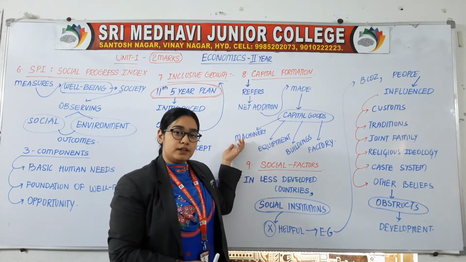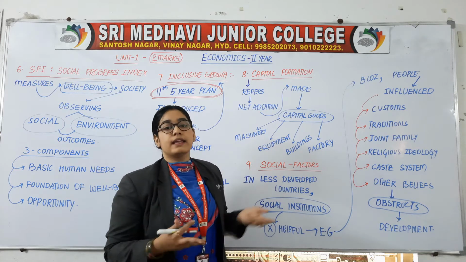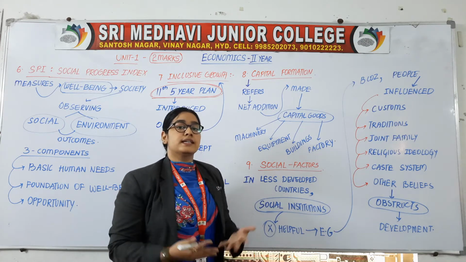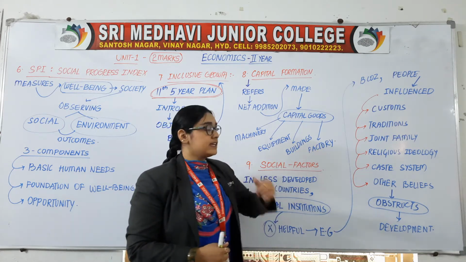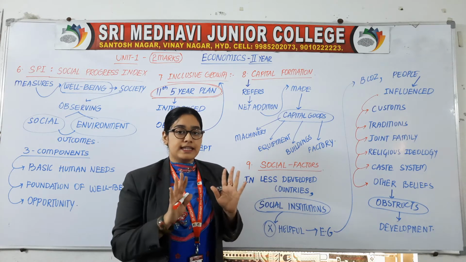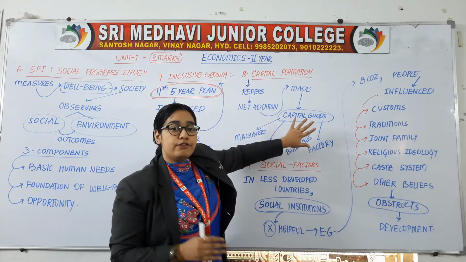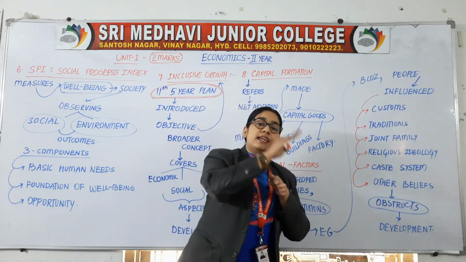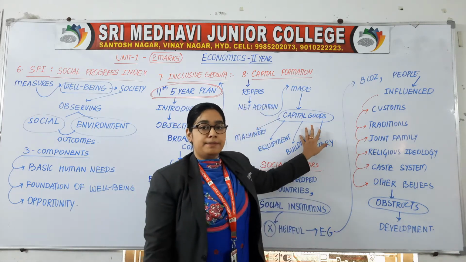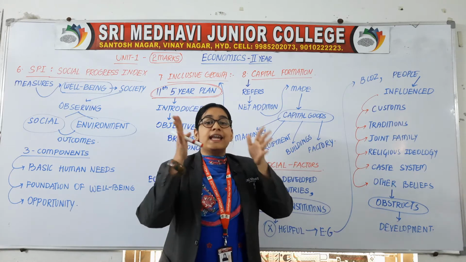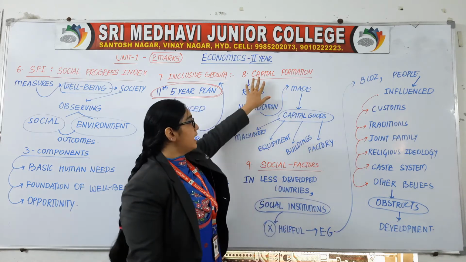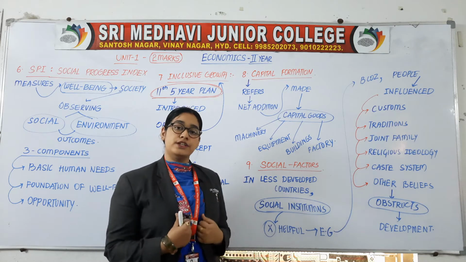Machinery is a capital good. Equipments are capital goods. Buildings are capital goods. Factories are capital goods. Is that clear? So these all are capital goods. If you are adding something extra to this capital goods, that net addition is known as capital formation.